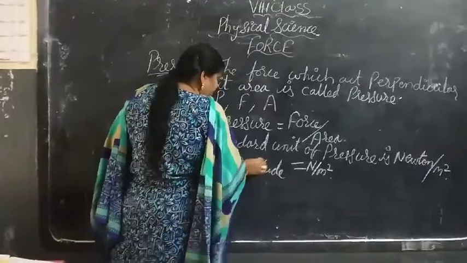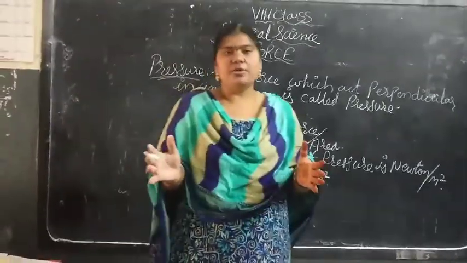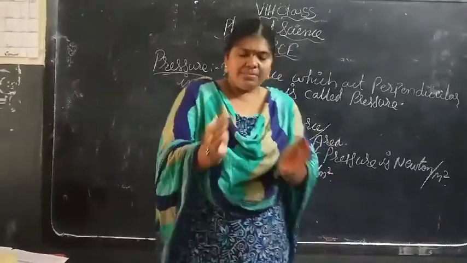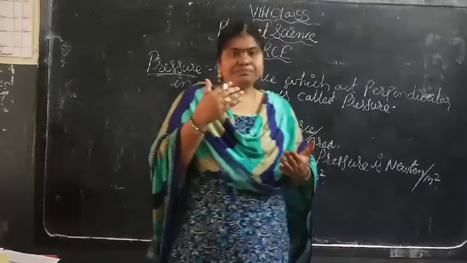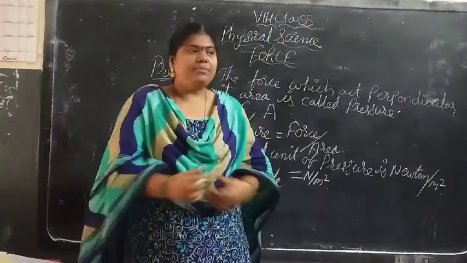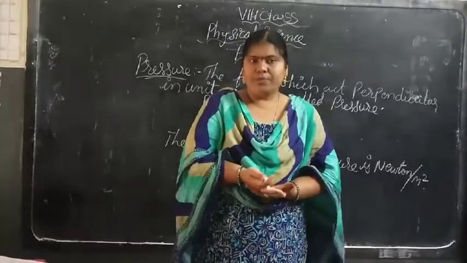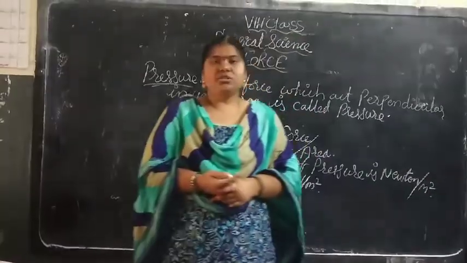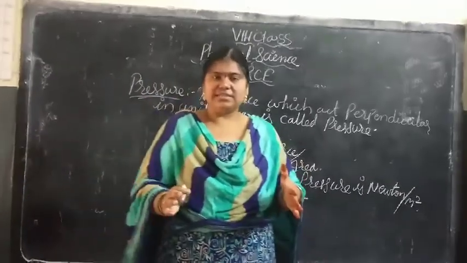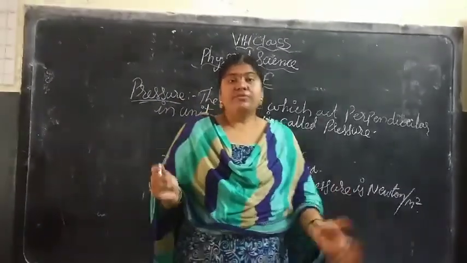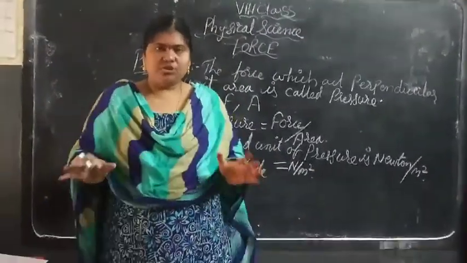What is this magnitude? It means the size of the object or the quantity of the object. If I am taking a very small object which is of light weight, I will apply less pressure. If I am taking a heavy object, I have to apply more pressure. We know that. So the pressure will act in all the directions, but there will be a difference in the magnitude, not in the direction of the pressure.